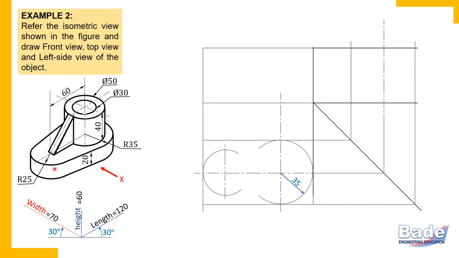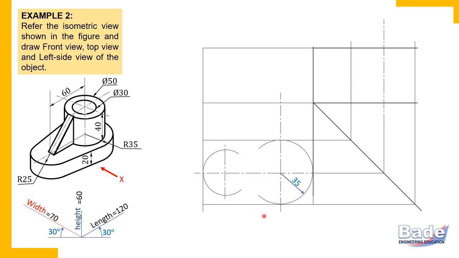And check here, this edge meets the curved edges tangentially. There is no sharp corner where the straight edge meets the curved edge. That means this edge meets these two curves tangentially.